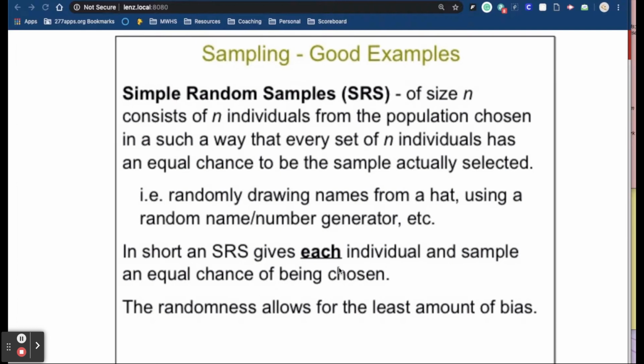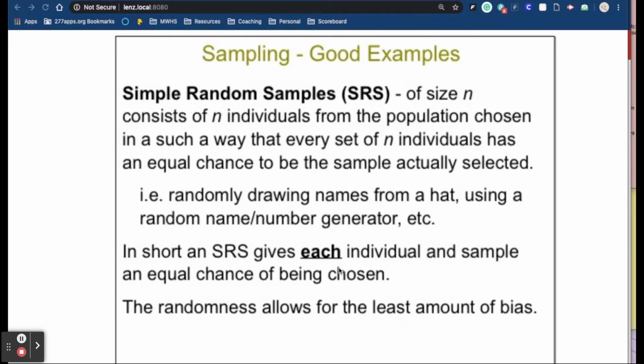But in short, a simple random sample gives each individual in the sample an equal chance of being chosen. So it doesn't matter if you are an 8th grader or a senior in our example, you have an equal chance of being selected because, if your name is in a hat, the pieces of paper are all the same size.